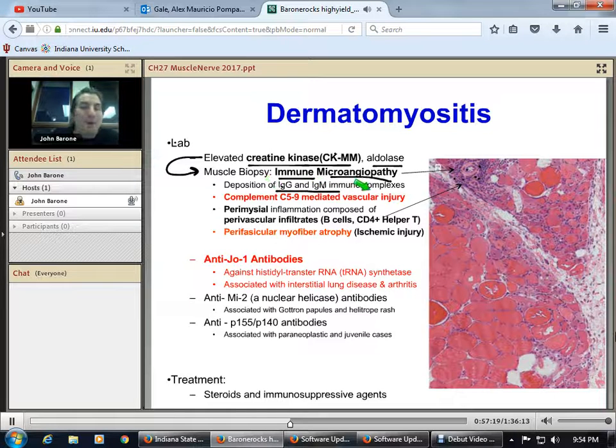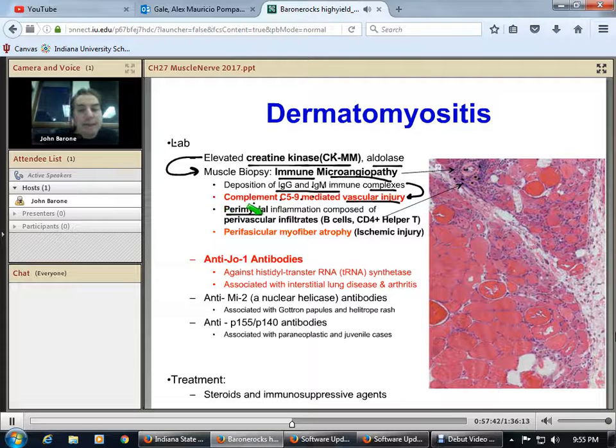Yeah. So here's what happens. Number one, immune complexes deposit there, IgG, IgM, and they activate complement. When they activate complement, the complement damages the blood vessel. So do you remember MAC, C5 through C9? Those immune complexes activate MAC, and MAC damages the blood vessel.